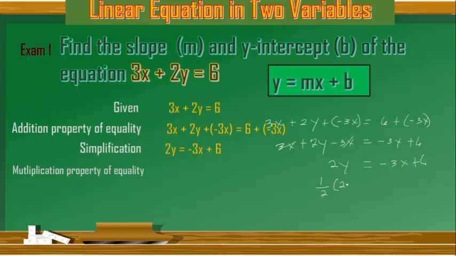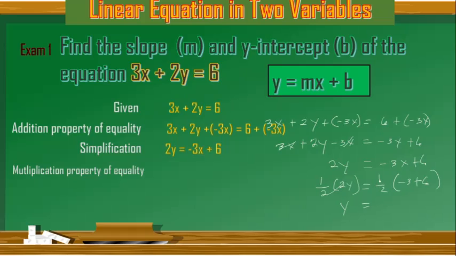So 1/2 times 2y. What you multiply here should also be multiplied on the right side, times negative 3x plus 6. So this cancels out, and what is left is y.